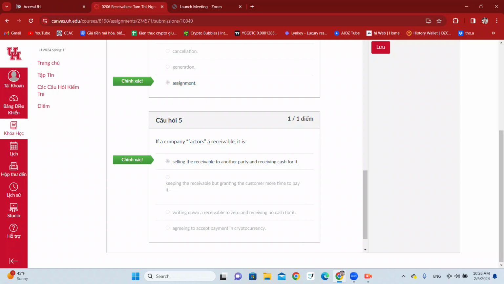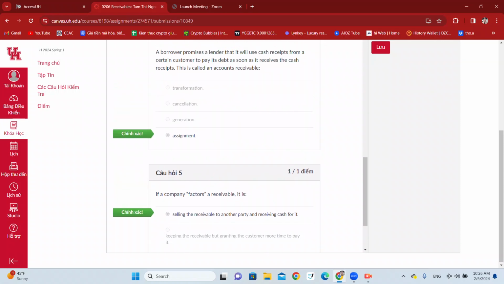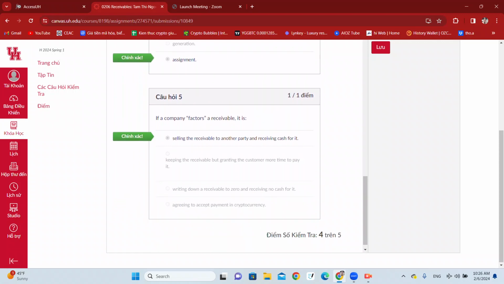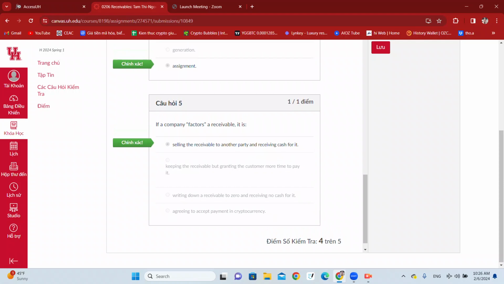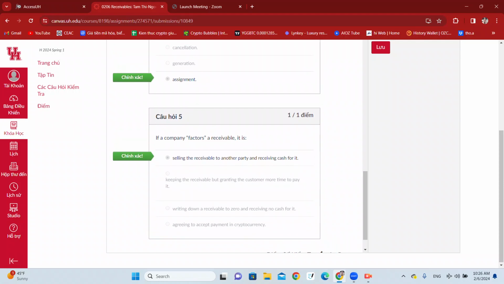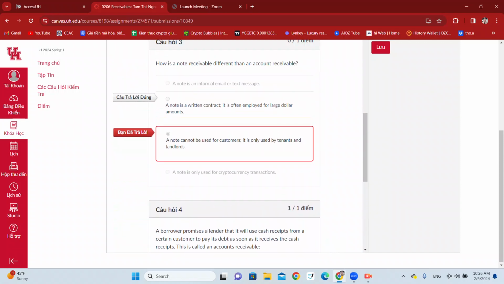Someone is buying the receivable from me. That's different than an assignment. In an assignment, I'm not selling away the receivable. I still own the receivable. I'm still going to collect it myself. It's just that once I get the money, I'm going to turn over the money to some other party.